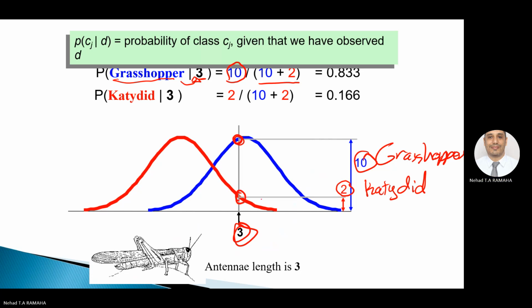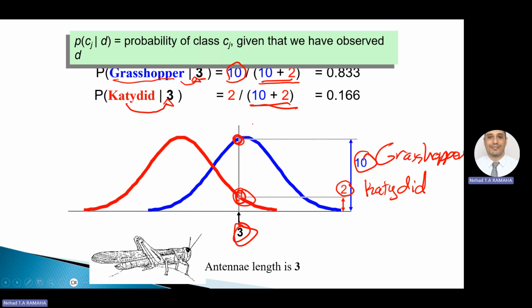It's 2 katydid plus 10, so it's 10 divided by 12. The probability of katydid given length 3: how many katydid here? 2 divided by the total number.